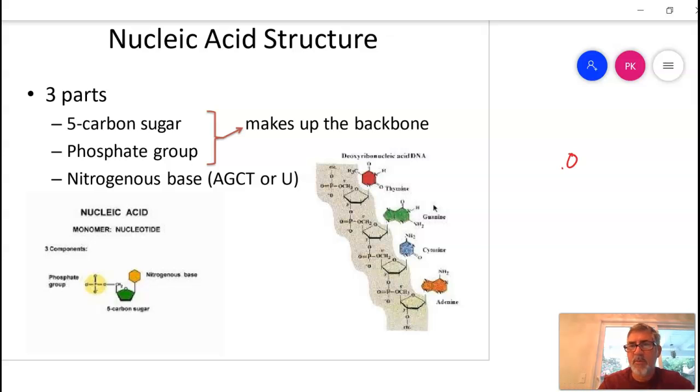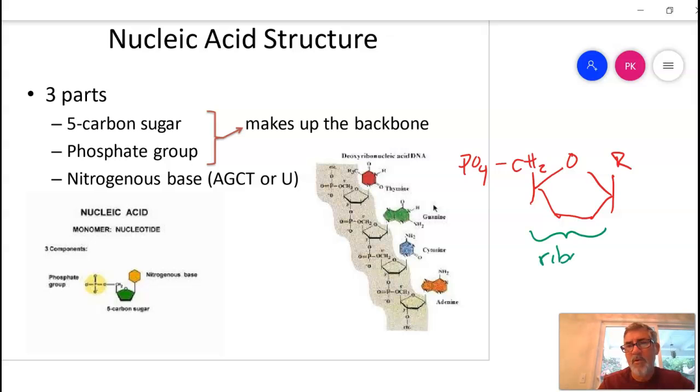So if I looked at it, here's my R group. This is my 5-carbon sugar. This is my phosphate group.